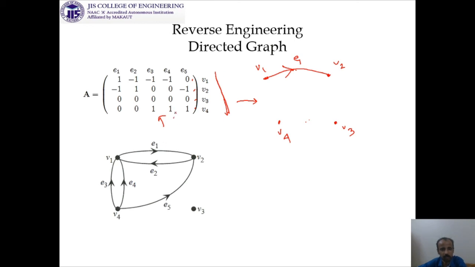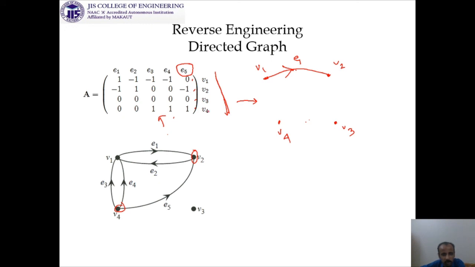So look at this. This graph is generated from this matrix, and if you take arbitrarily, suppose E5, so E5 is -1 and 1 in V2 and V4. So look at this, V2 and V4 is connected by E5 first. Then our job is to check where is +1 and where is -1.